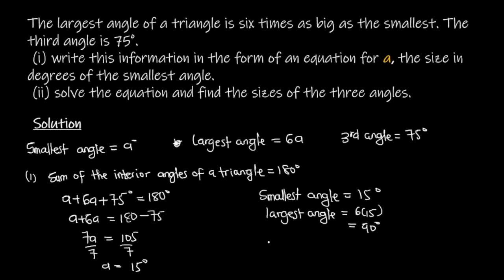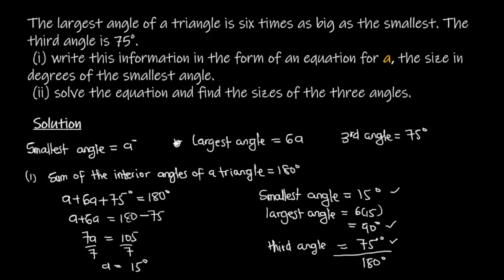And then the third angle, as we were already given, is 75. So if I add the total, 15 plus 90 plus 75 degrees will give me a total of 180 degrees, which is equal to the overall sum of the interior angles of a triangle.